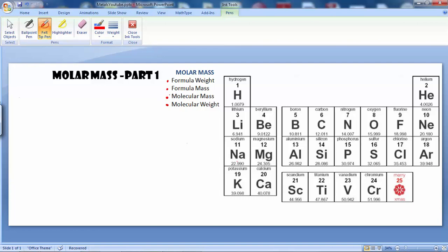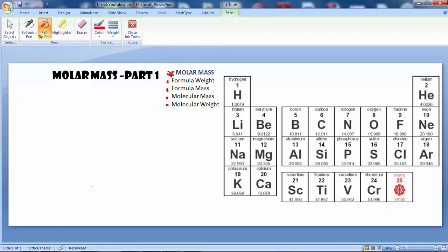Those connotations take the same thing as molar mass. So we will be concerned with molar mass from this point on. We just finished talking about formula weight, so now let's talk about the molar mass.